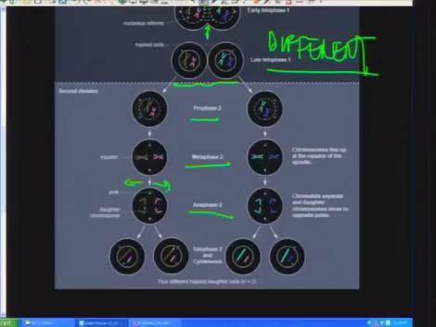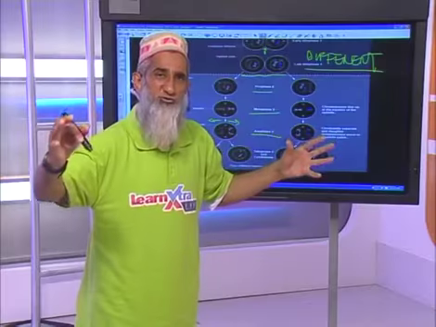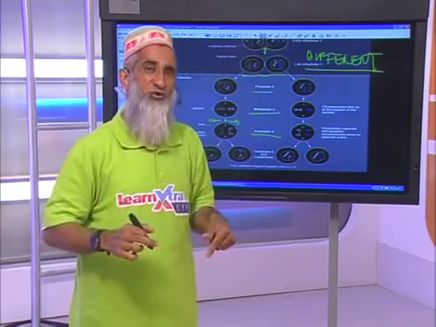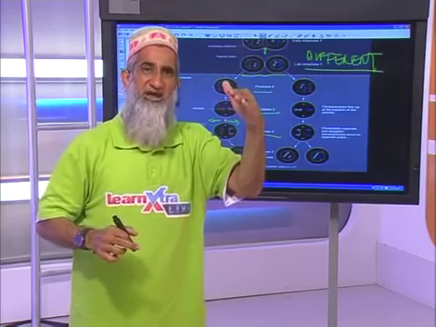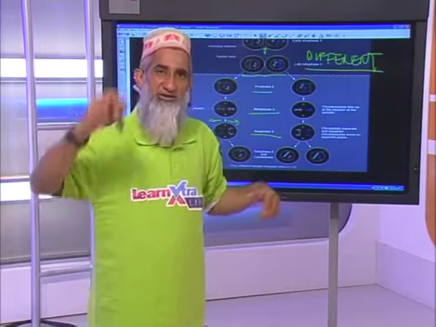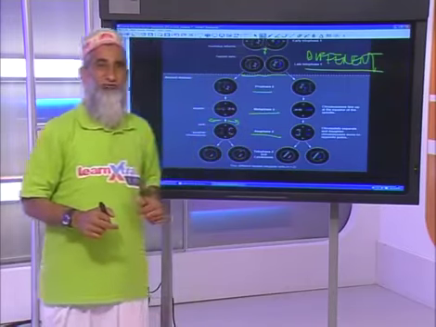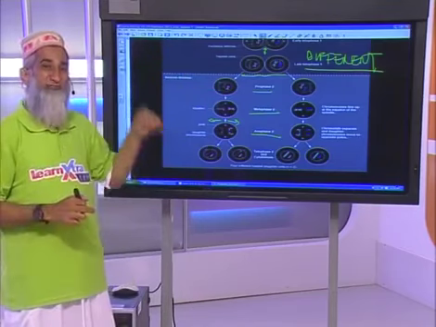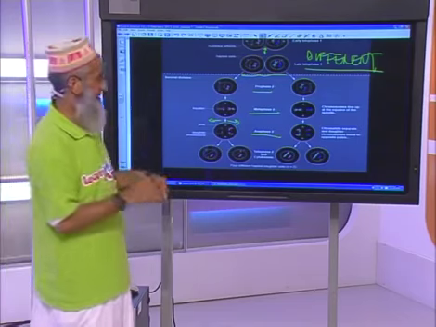In meiosis 1, we spoke about chromosomes moving to opposite poles. Here we are talking about chromatids. What does this remind you of? Singly lying at the equator, chromatids moving to opposite poles. Yes, you're right, guys. It reminds you of mitosis. So the second meiotic division is like an ordinary mitotic division. Keep that in mind.